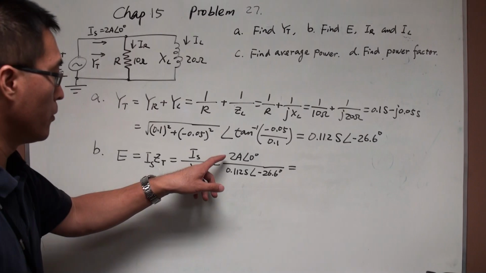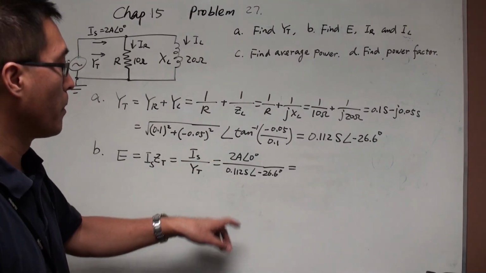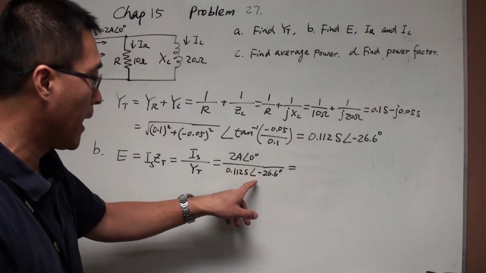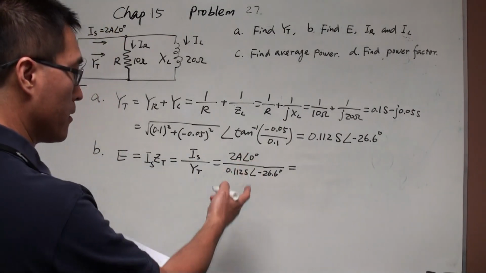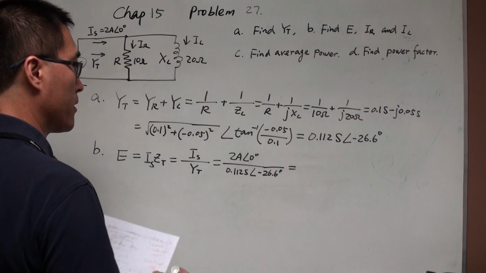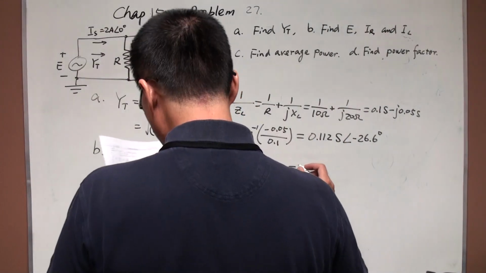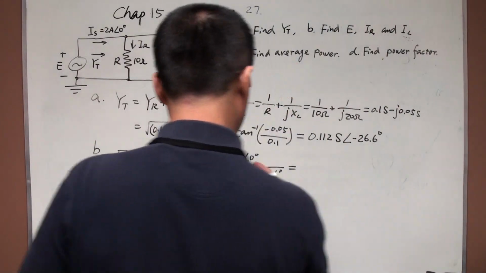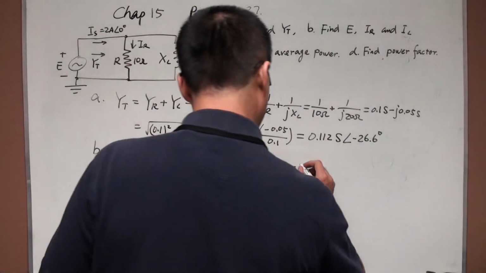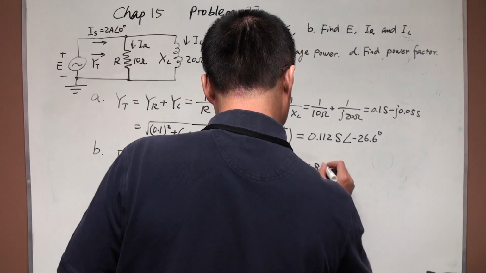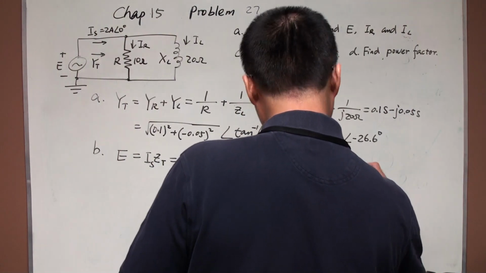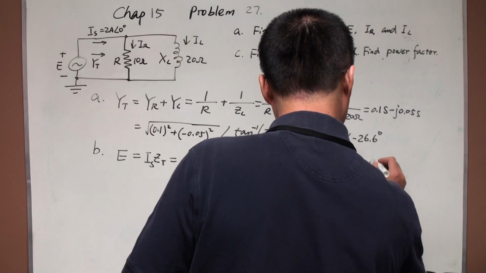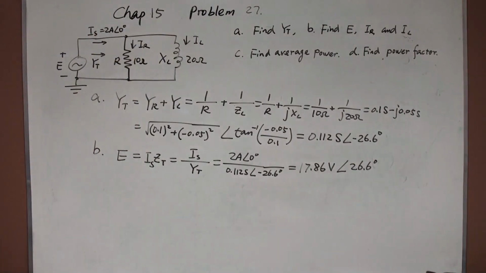So you just use 2 over 0.112, and for the angle, 0 minus negative 26.6 becomes 0 plus positive 26.6. So it's 17.86 volts with an angle of 26.6 degrees.